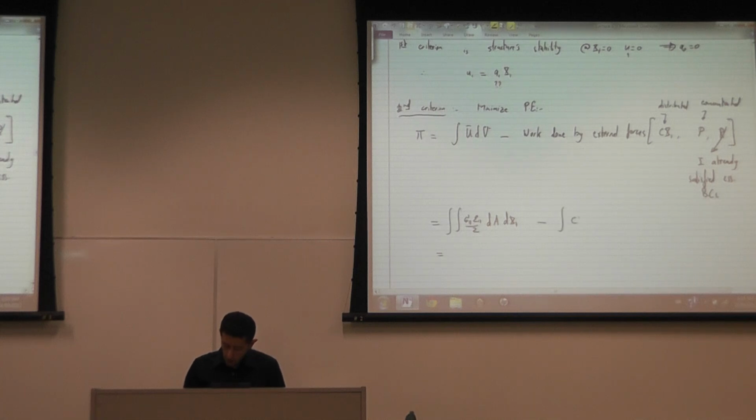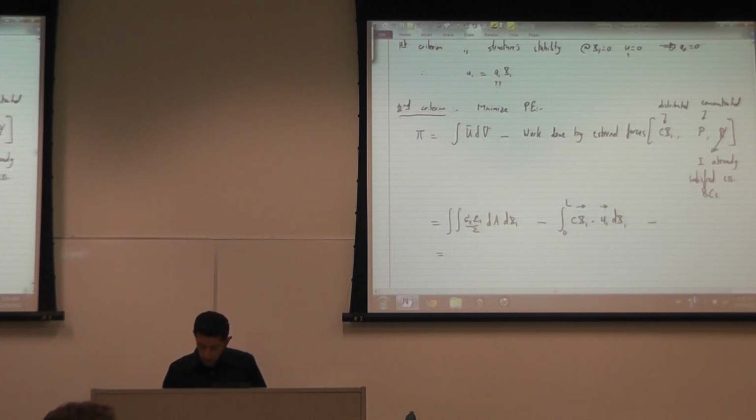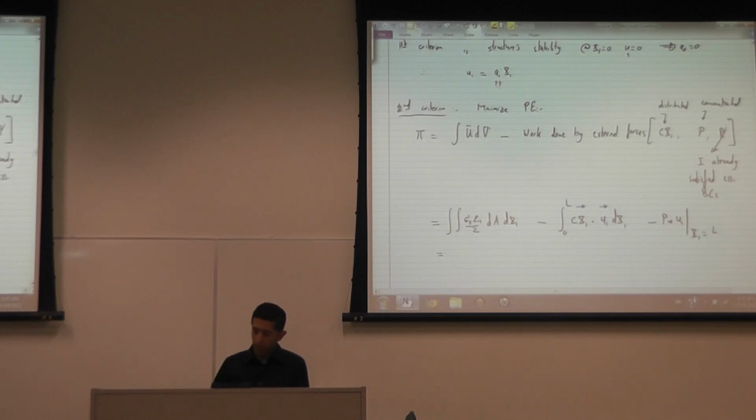This is a distributed load, Cx1 multiplied by U1, integrated over the length. And minus, this is a concentrated load, so minus P multiplied by the displacement at x1 equal to L. So the displacement at that particular point.